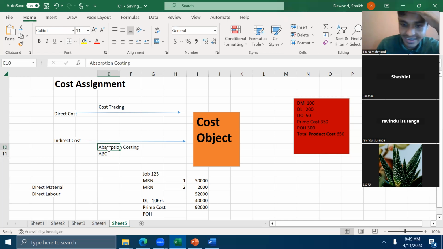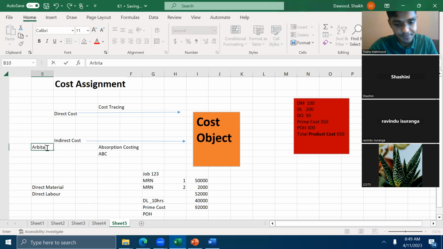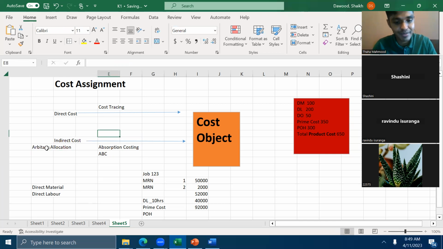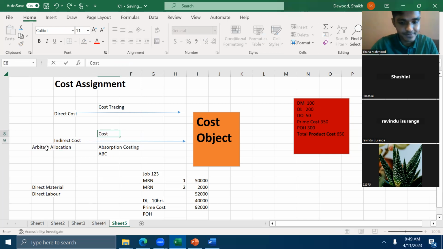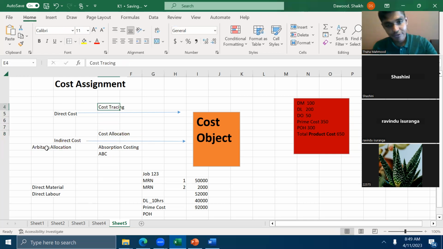In absorption costing what we do is what we call arbitrary allocation. Allocation, all right, I didn't put that here. This is called cost tracing, and this is called cost allocation. If you can directly trace, you trace.